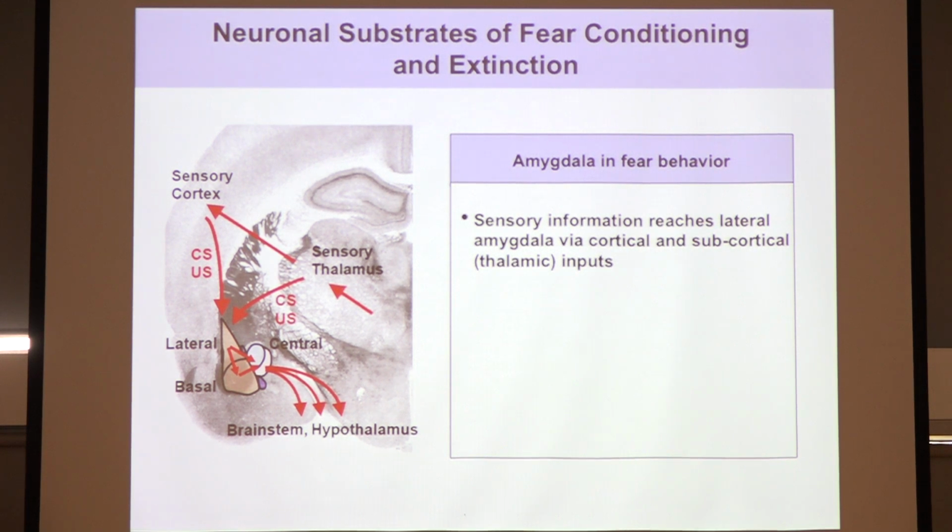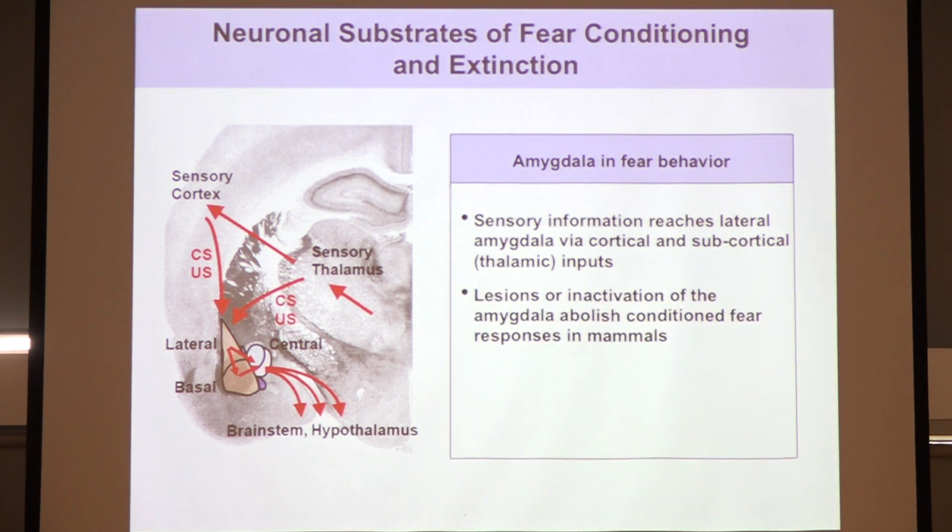In the context of auditory fear conditioning, the information related to the sound and the foot shock reaches the amygdala via two main routes, directly from the sensory thalamus, or indirectly via the sensory cortex. This information is processed within the lateral and basal amygdala, and relayed to the central amygdala, the output station, which projects to brainstem and hypothalamus structures that have been involved in the genesis of freezing responses.